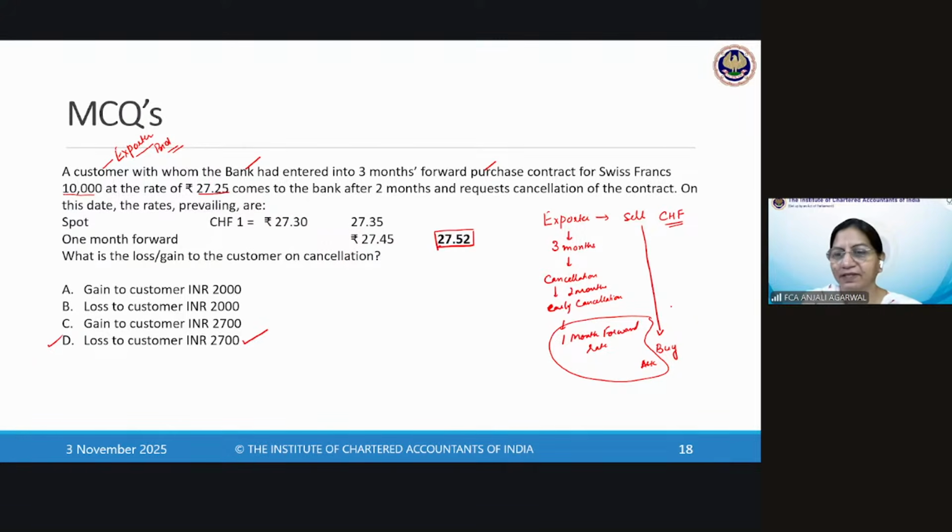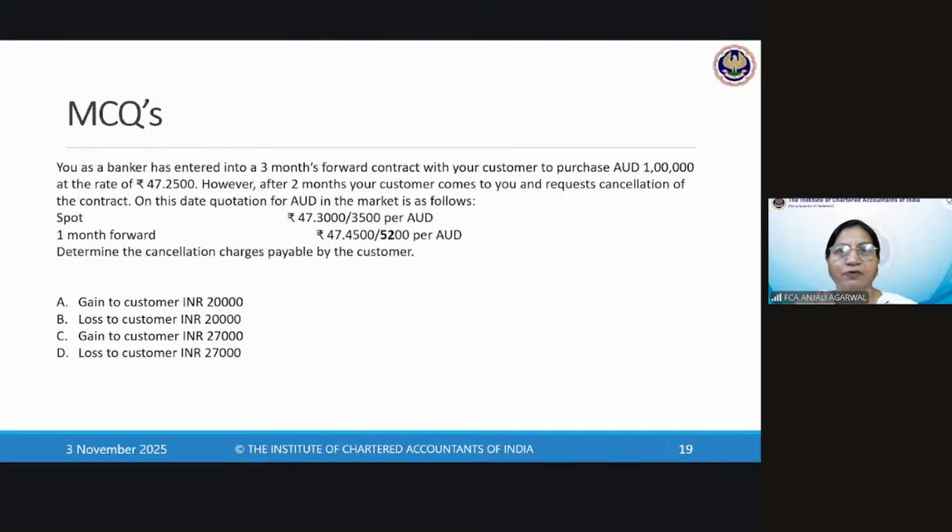So to just complete this, customer is selling at 27.25 and going to buy at 27.52. So there is a loss of 0.27 per Swiss franc. 10,000 into 0.27 is 2,700 rupees or Indian rupee. INR. Good. Let's do one more. Look at this.